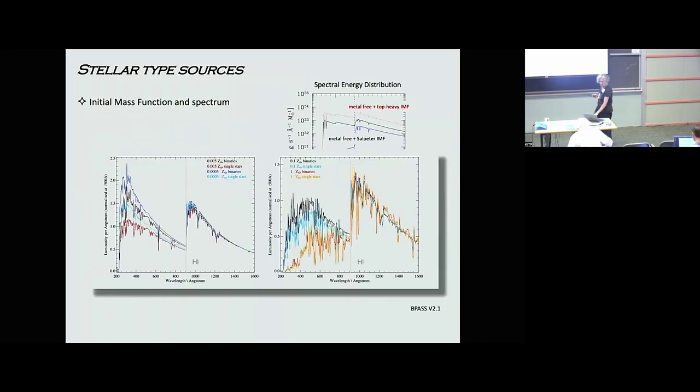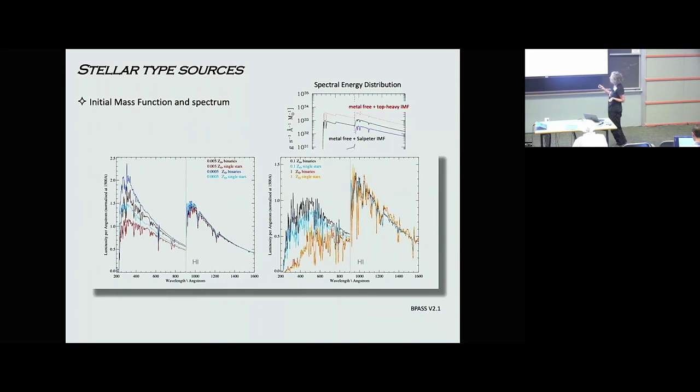And the same applies if, rather than just single stars, which is what was shown before, you consider also binary stars, which recently are attracting increasing attention. These are some spectral energy distributions from BPASS.